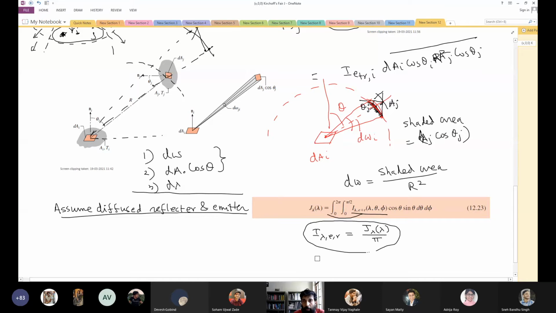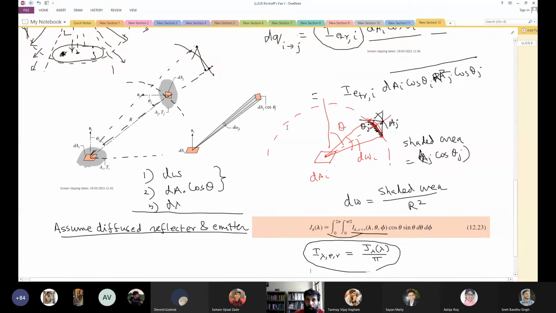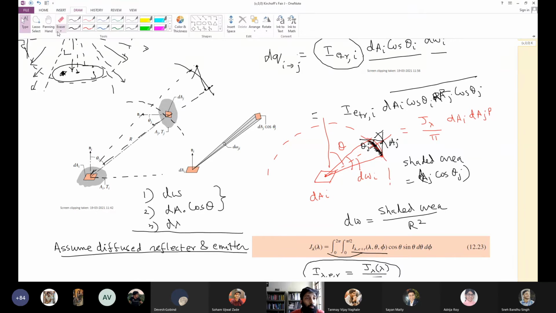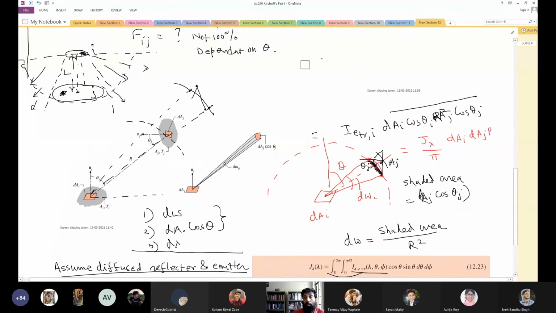Now with that replacement, dQ will be J, and if integrated over the entire lambda, we have the integrated J divided by pi times dA_i dA_j. Something got jumbled up here, so let me write it cleanly, because when I moved things up and down, it got jumbled up.